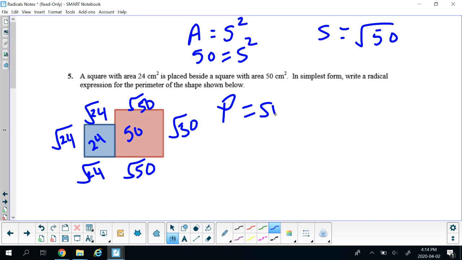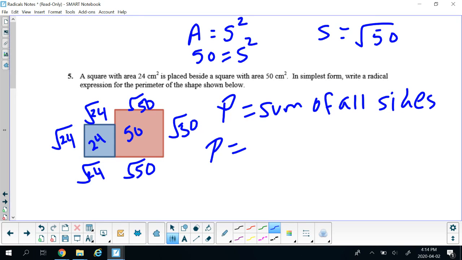Perimeter is equal to sum of all the sides, okay? So if we add all these sides, square root of 24, square root of 24, and square root of 24, right? This is 3 times square root of 24 plus, let's add these three sides of the bigger square. Square root of 50, square root of 50, square root of 50. So it's 3 times square root of 50.